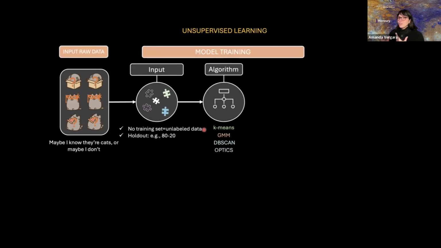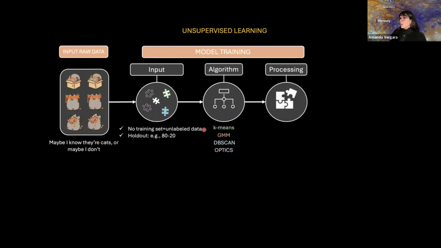And then you use different algorithms that have the task to learn the different hidden patterns within your data set. You can use approaches such as k-means, Gaussian mixture models, DBSCAN, and other clustering algorithms. During the processing, all these algorithms will try to group the different data points of your data set based on similarities. If two points are similar, they're going to be grouped together.